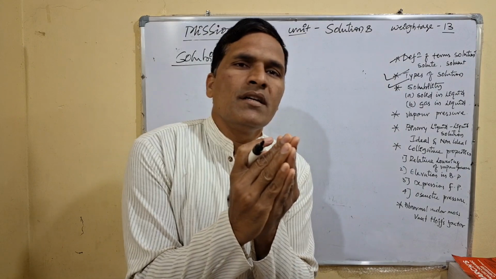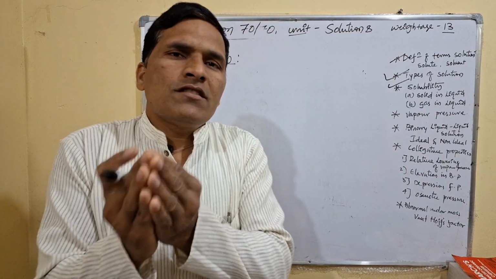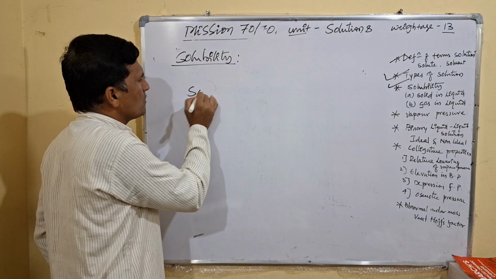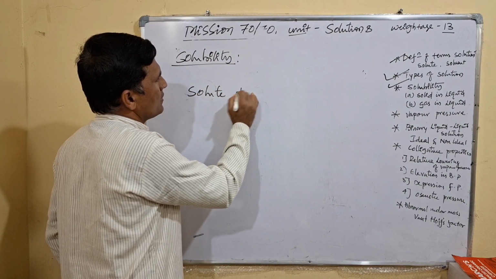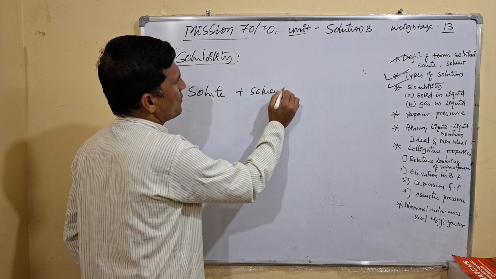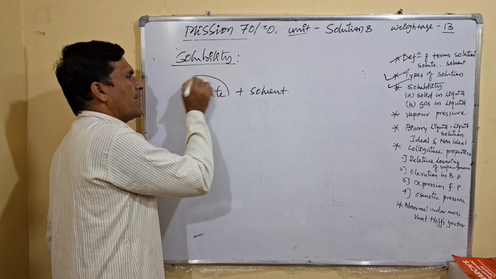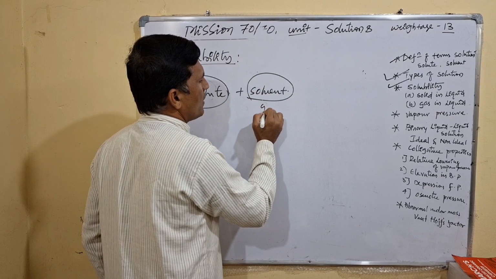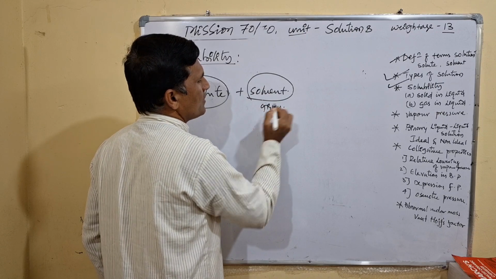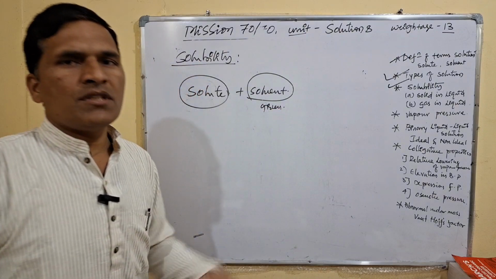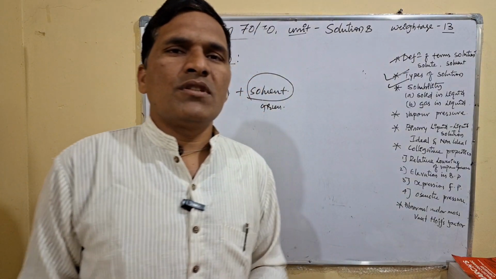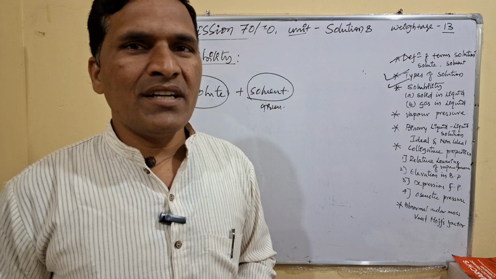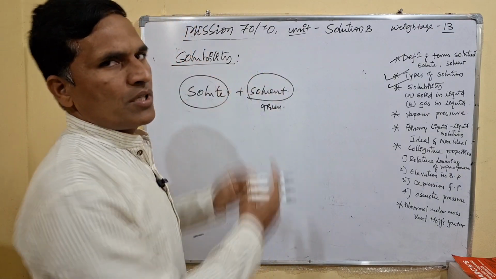Any solvent you take and any solute you want to make a solution with, you add it to the solvent. The maximum amount of the solute that can be dissolved in a given amount of the solvent is called its solubility.